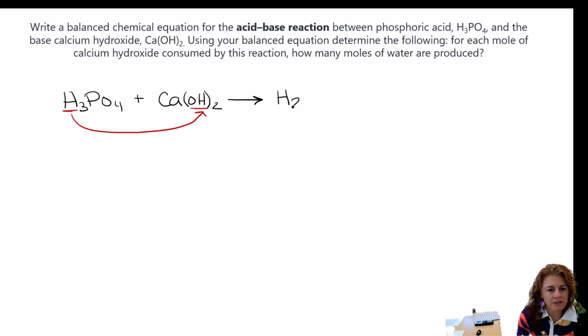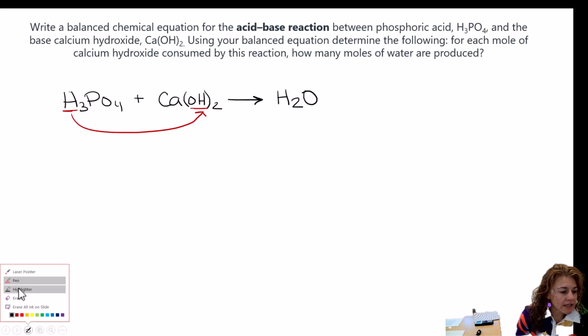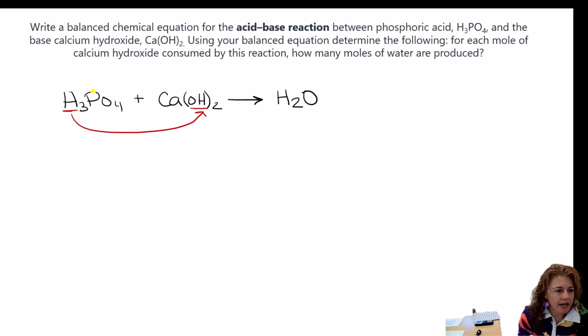So water is always a product of these neutralization reactions. What is left from that interaction? So if these hydrogens form water, what is left from the acid is this phosphate. What is left from the base, if that hydroxide goes to water, what's left here is calcium.